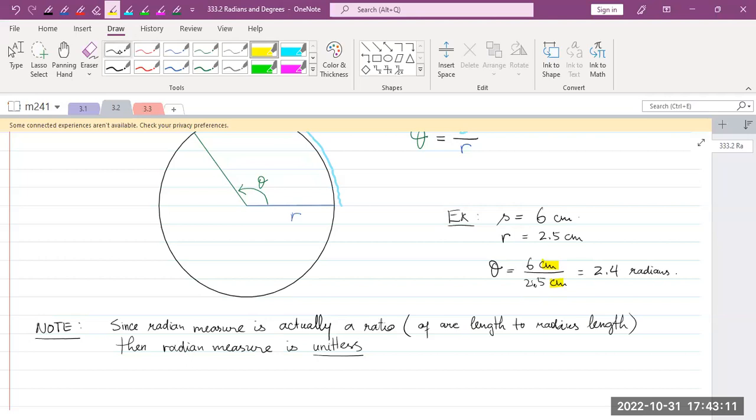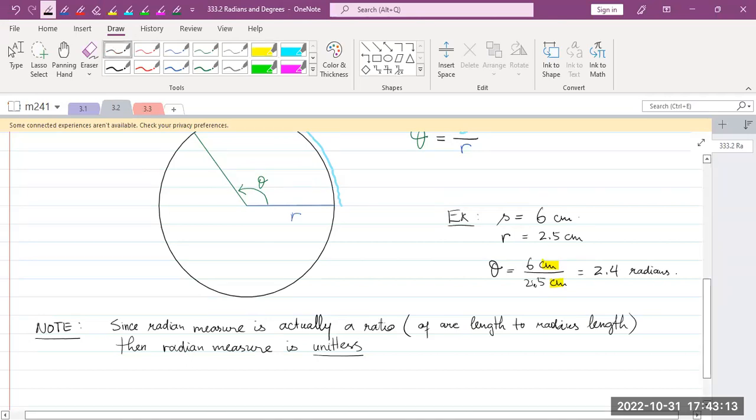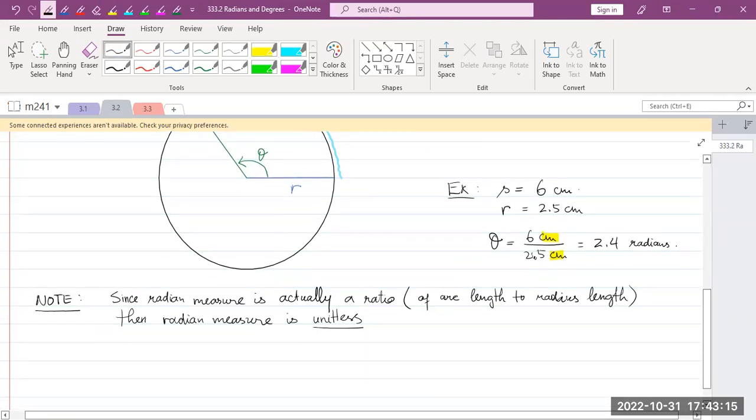So let's write it explicitly. The 2.4 radians that we have earlier, we also usually write as 2.4 rad, for radian.